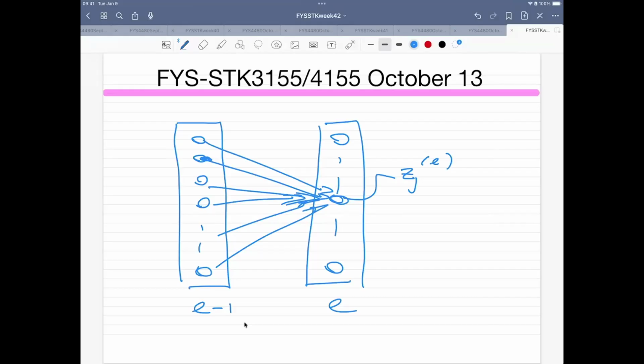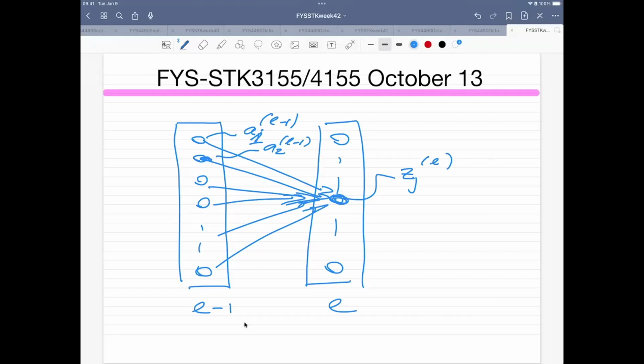So what happens then is that we have an output here. This will be an output a_1 from layer L minus 1. There is an output a_2 from layer L minus 1. And these all feed into this node, but they also feed into the other nodes.